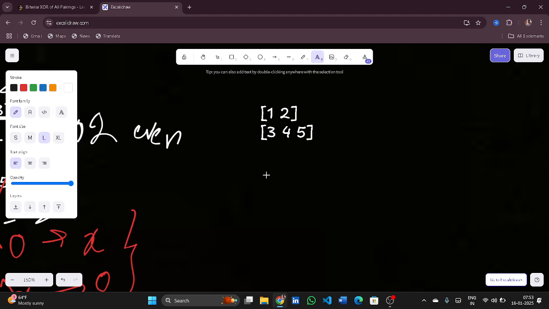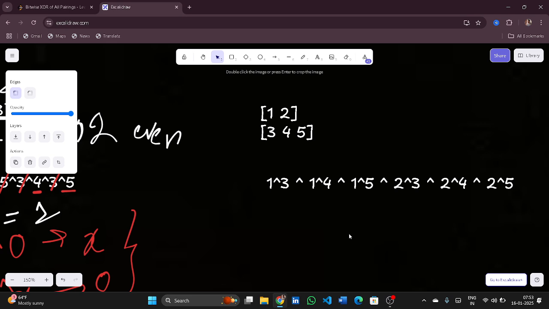Now let me take another example. Here you got 1 XOR 3 and then again 1 XOR 4 and again 1 XOR 5 and then 2 XOR 3 and then 2 XOR 4 and again 2 XOR 5.